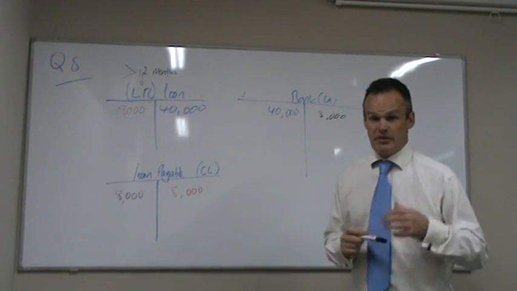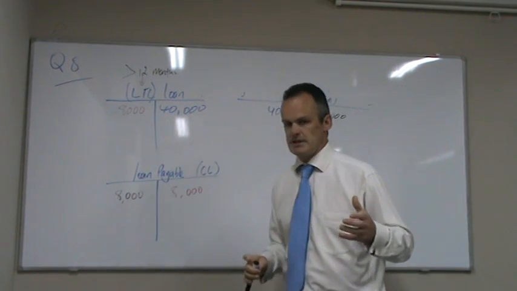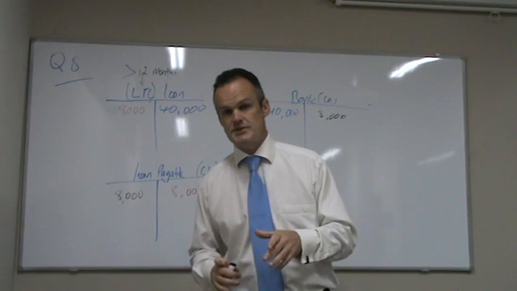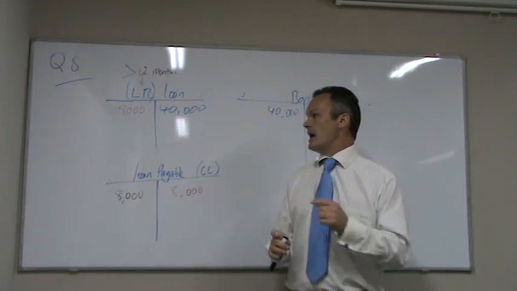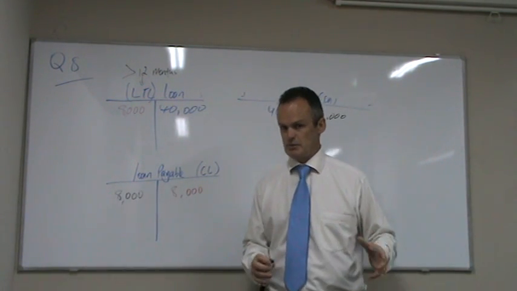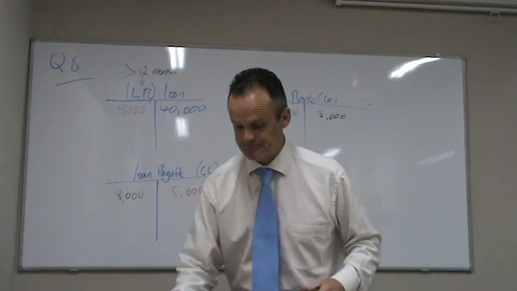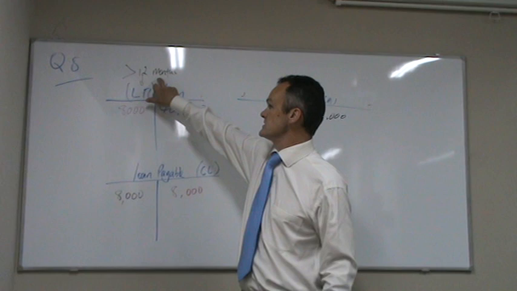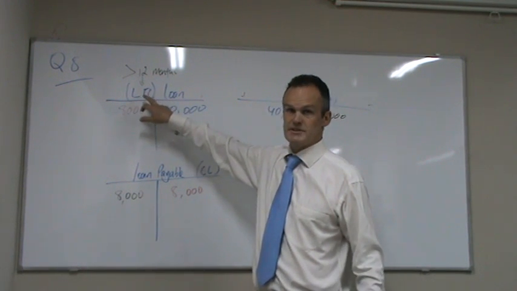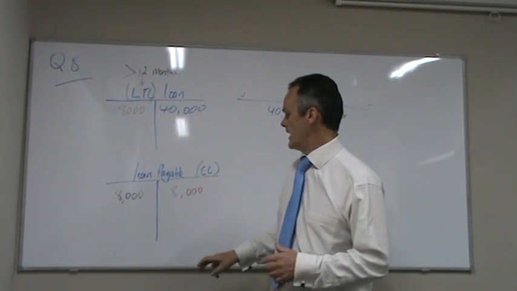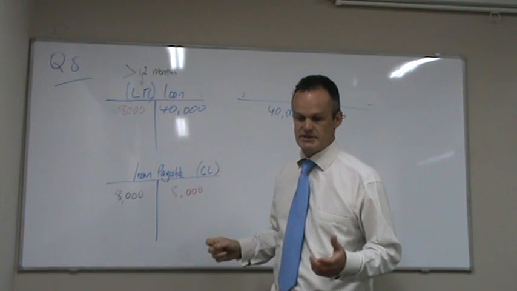Now it says here to account for the payment that must be made next year also. But we actually don't really have a choice with that, even if it didn't say that in the question. The reason is, we know that this is for more than 12 months, and we know that this is for less than 12 months.